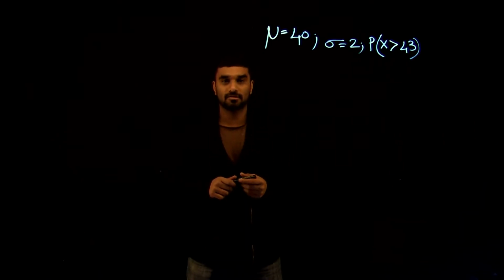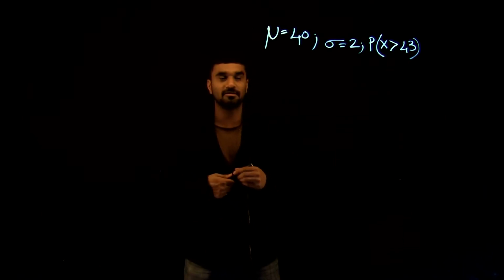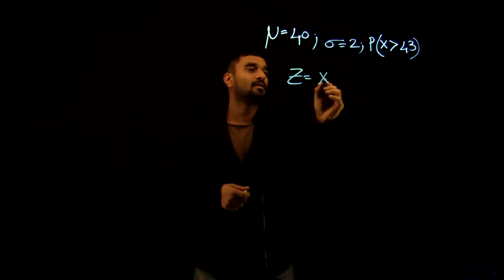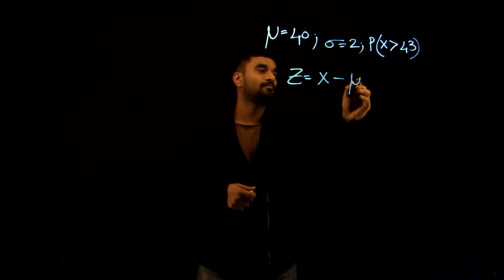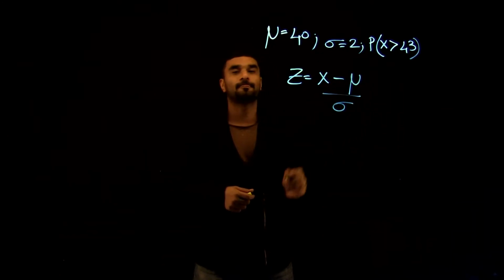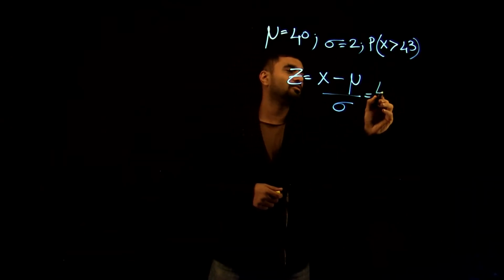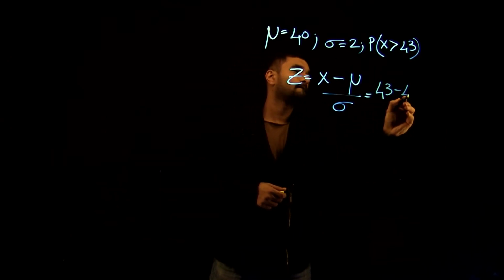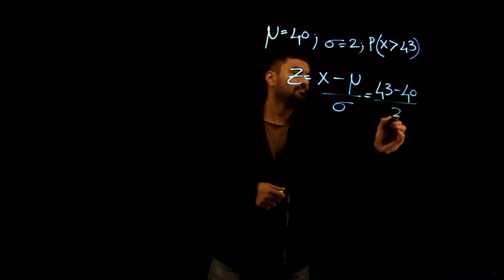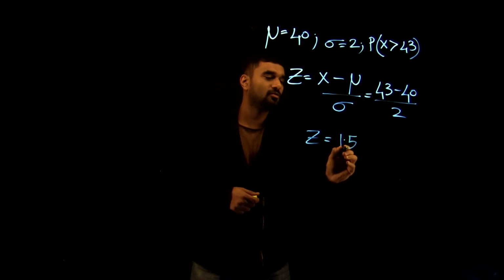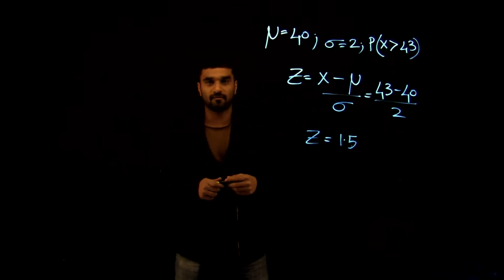To do that, you find your transformation variable z, which is given as (x minus mu) divided by sigma. If you plug in these values, you have a z value of 1.5.